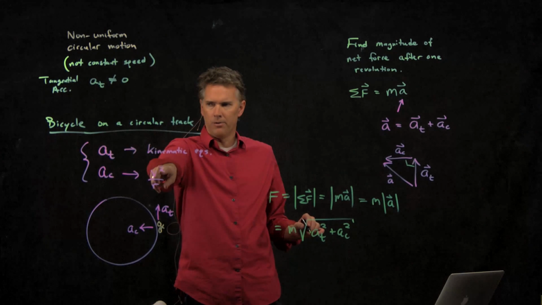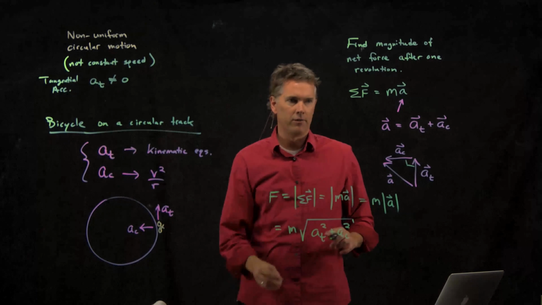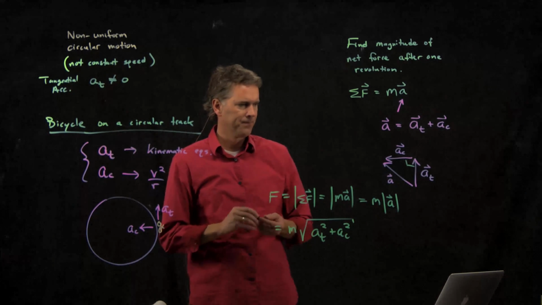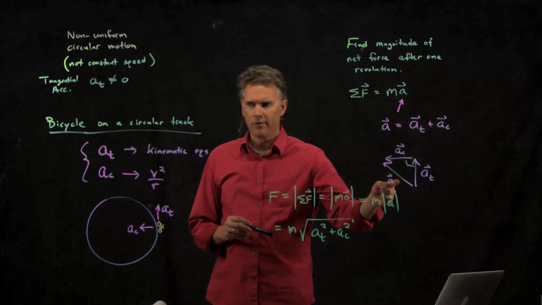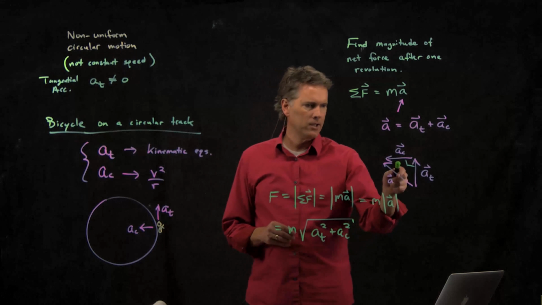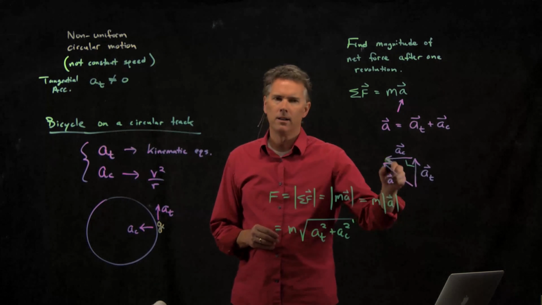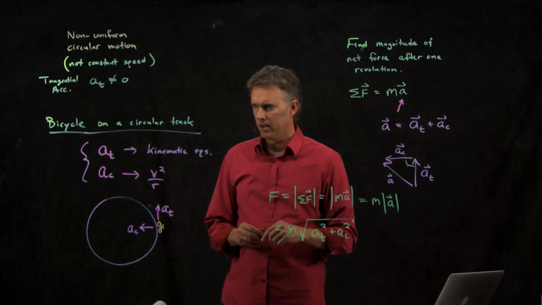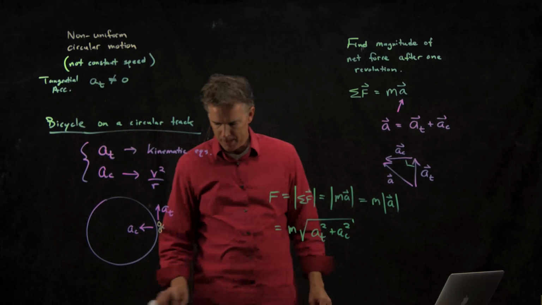It's just v squared over r. a sub t you'll have to figure out by solving the kinematic equations. If we want to know the direction of a, we go back to our picture right here, and you can calculate whatever you want now. If you know a sub c and you know a sub t, you can calculate whatever angle you want in that triangle. Okay? All right, questions about that one?